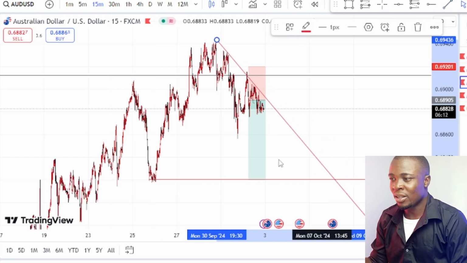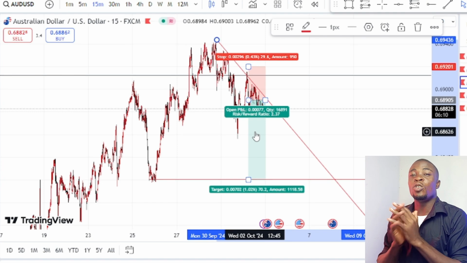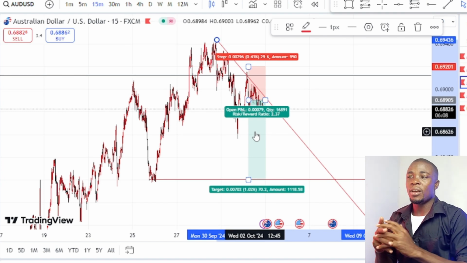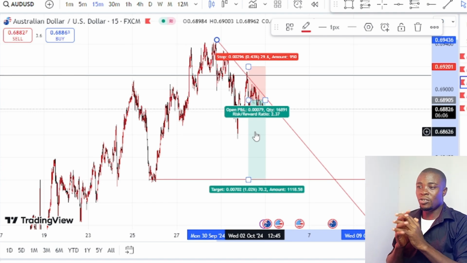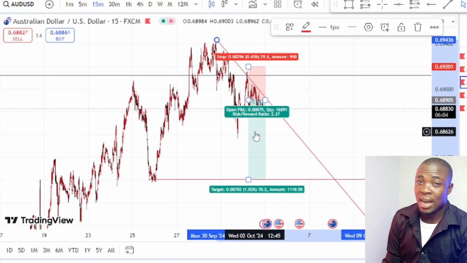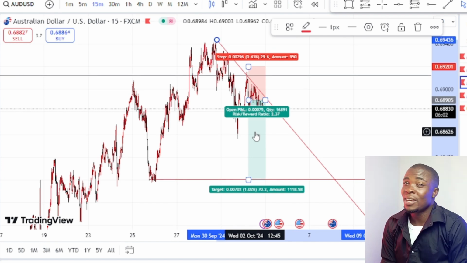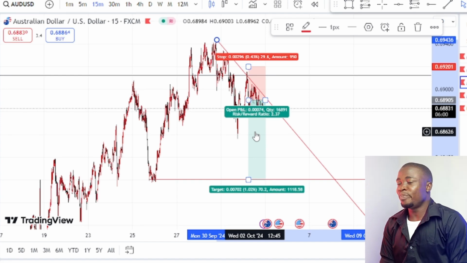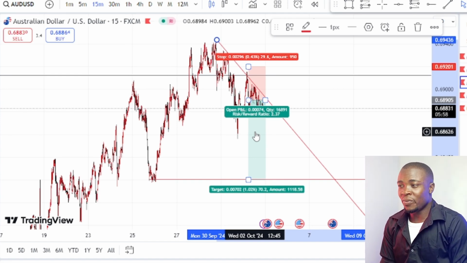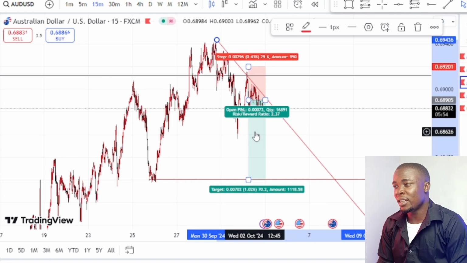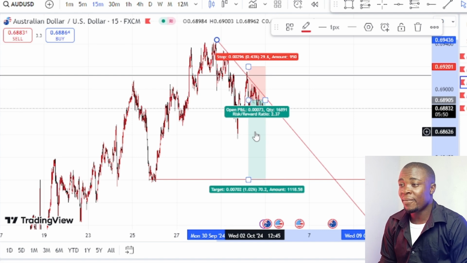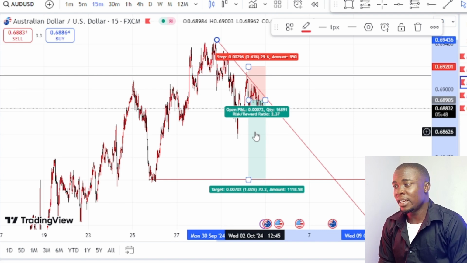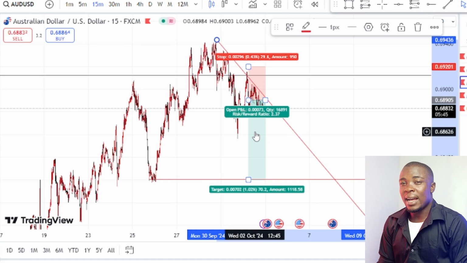But because the volume is not much, we might tend to hold the trade for a very long time, which I'm not a fan of. I don't like paying charges to brokers, so I got out of it. And the pair already is not really what I love trading. If it was GBP JPY, it would be fine, because JPY always has a stronger move every day. So that is just it.